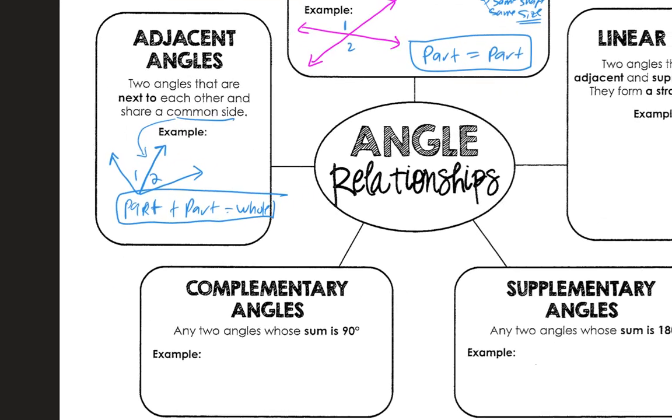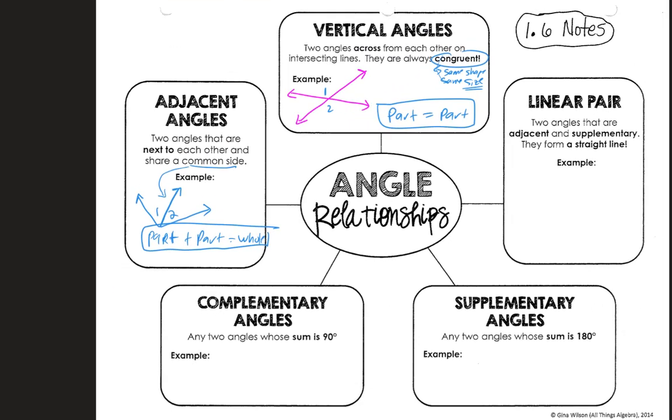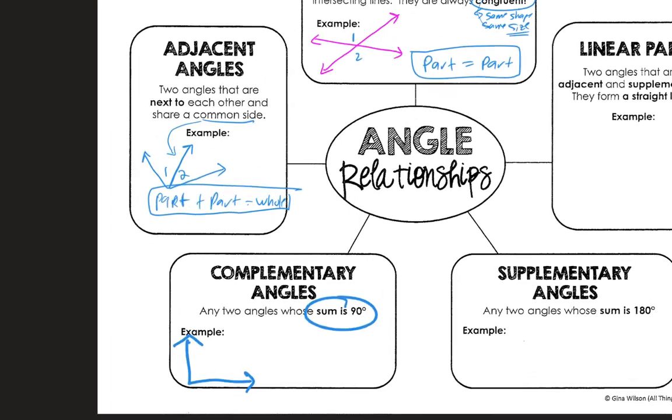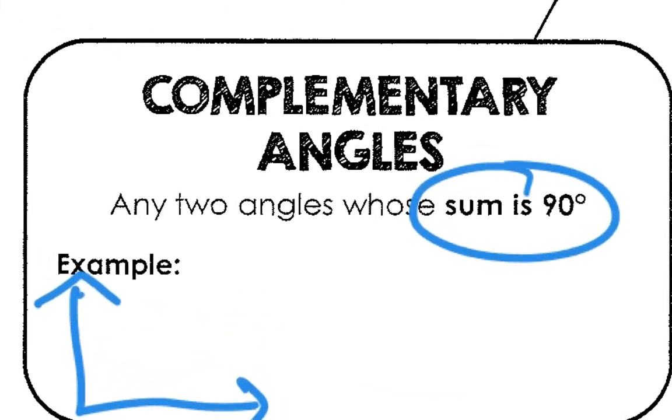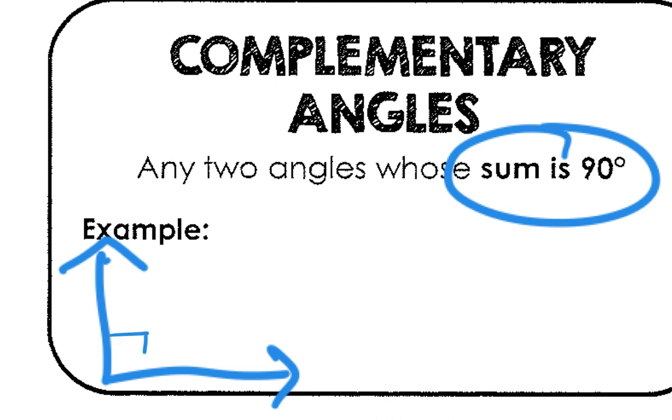So next, let's talk about complementary angles. Complementary angles are any two angles whose sum is 90. That means they add to 90. The most common way is when you see something like this. If we do that, we know that this is 90 degrees.